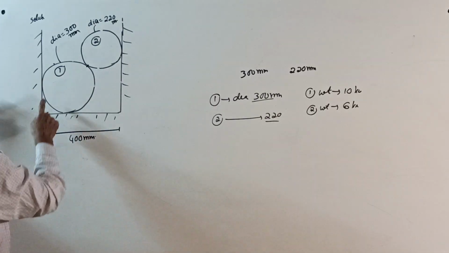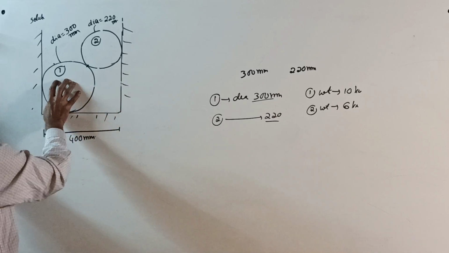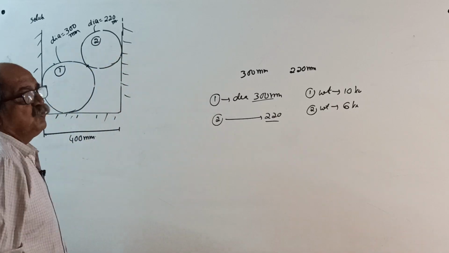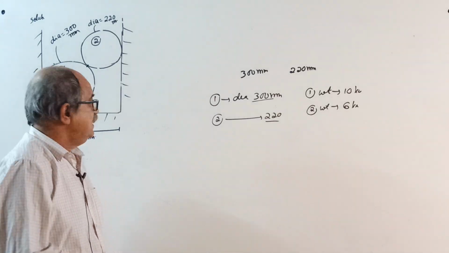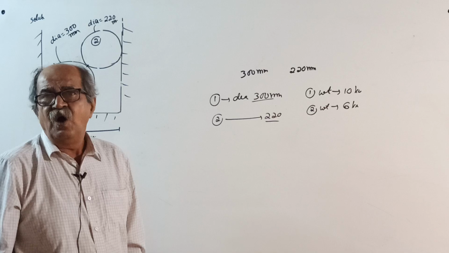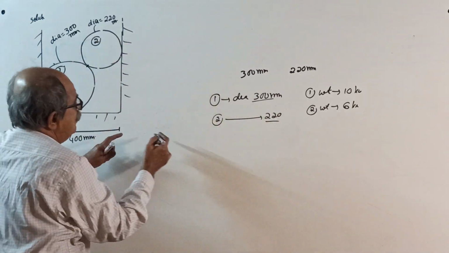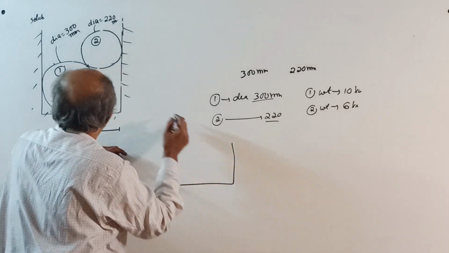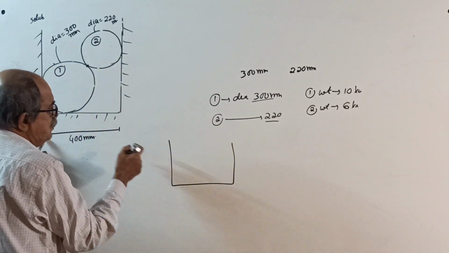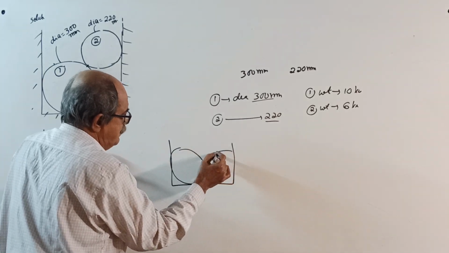See, if this is 300 and this is 220, this diameter plus that diameter is 520 millimeter. If they give a length of more than 520 mm here, or exactly 520 mm, what will happen? This will come down and will sit like this. The first cylinder is here, the second will come and rest here.